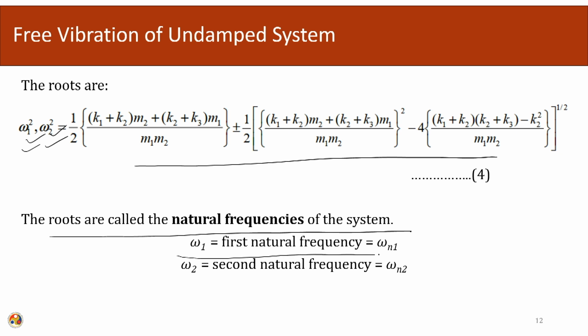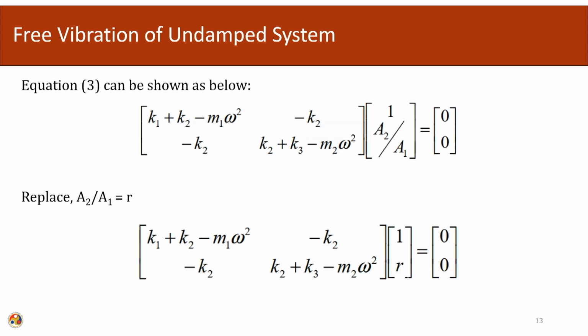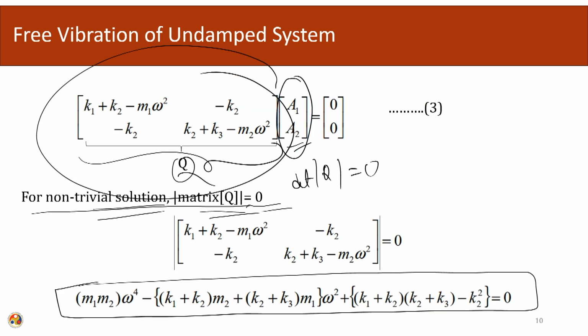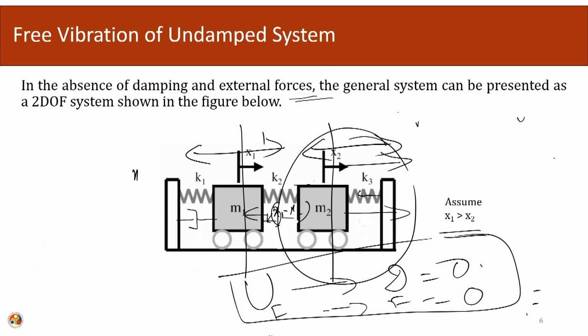So, omega 1, whichever is the lowest one, is called the first natural frequency, omega 2 is called the second natural frequency. It means that the first system, where we assume the x1 degree of freedom, is going to vibrate with frequency omega 1 and the other one is going to vibrate with the frequency of omega 2.